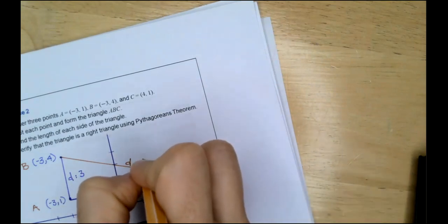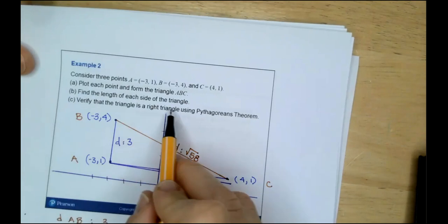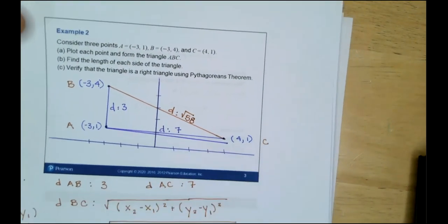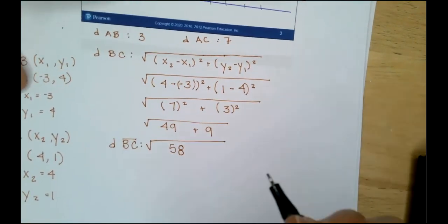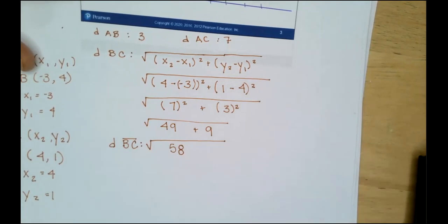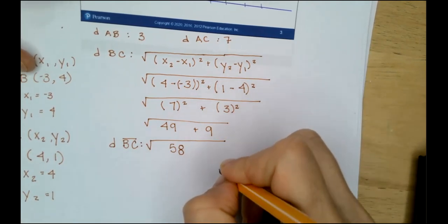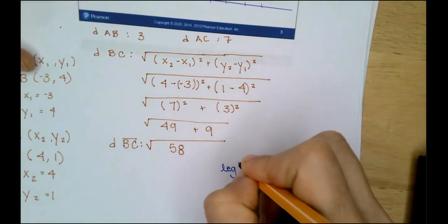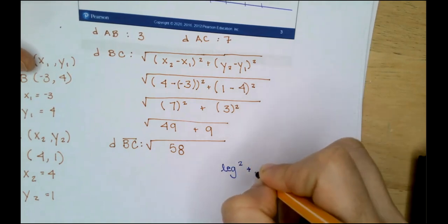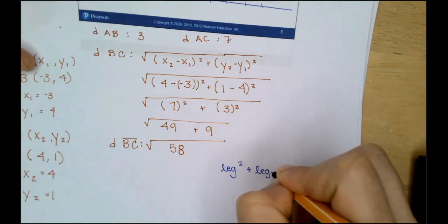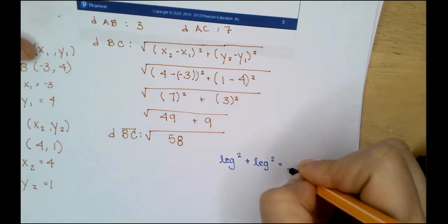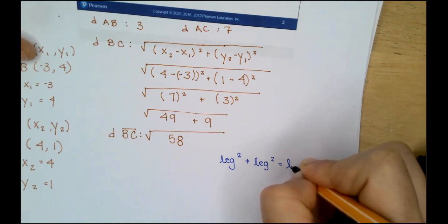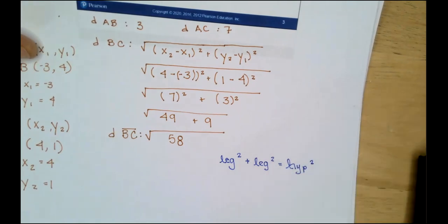Then they want us to verify the triangle is a right triangle using the Pythagorean theorem. The Pythagorean theorem is that if you take the length of your two shorter legs, square them separately, and add them together, it should equal the square of your hypotenuse squared.